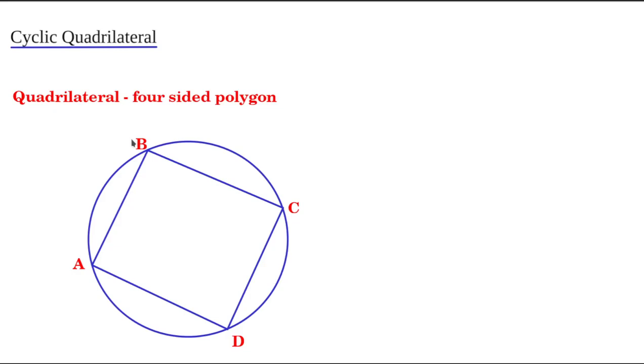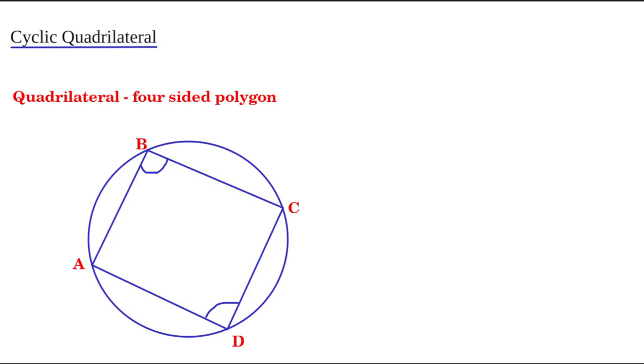Our first theorem, we are going to look at the opposite angles of a cyclic quadrilateral. Opposite angles of a cyclic quadrilateral, which means it's this angle going together with this one. What is their relationship?